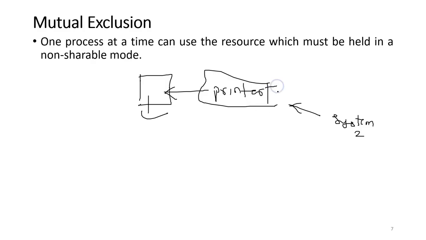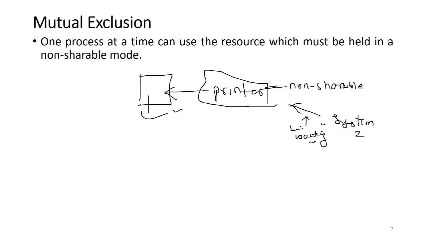If this printer is shareable, in that case the printer will be shared amongst these two systems, system 1 and system 2. And if this printer is in a non-shareable state, then the requesting process, that is system 2, will be in a waiting condition.